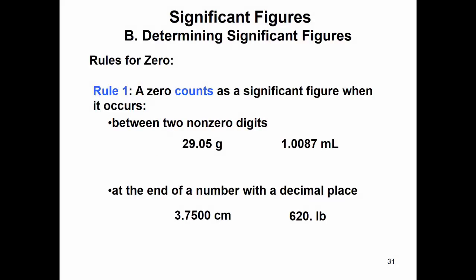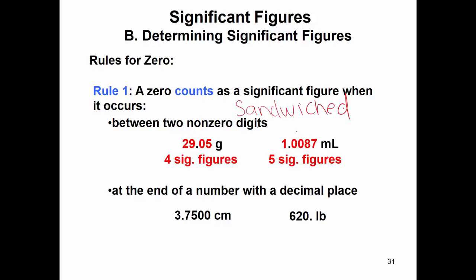All right, rules for the zero. That is where the concern is at this point. If we have a zero, I call these sandwiched zeros, meaning they're in between 2 non-zero digits. So this 0 here and these 2 there.